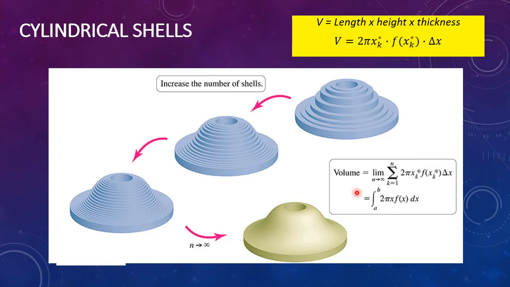And so we get the integral from a to b of 2 pi x f of x dx. This is exactly what we've been doing all along, and this is now in integral form, the integral from a to b of that volume, to calculate the volume.